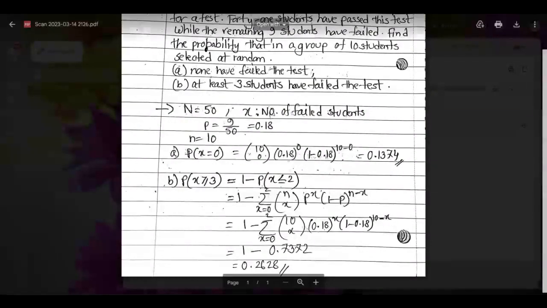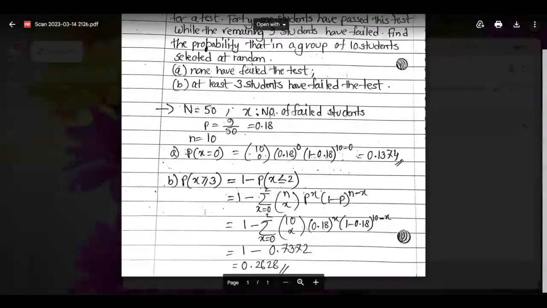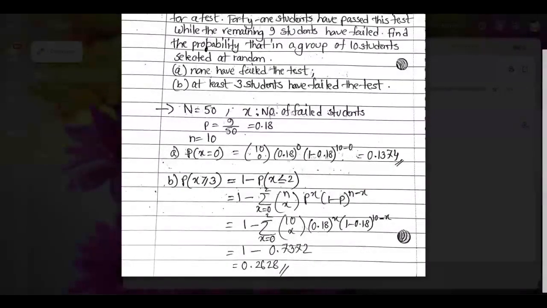Question A asks for the probability that none have failed the test, so x equals 0. Here's the formula: 10 choose 0, times p, which is 0.18, to the power 0, multiplied by 1 minus 0.18, which is 1 minus p from the formula, to the power 10 minus 0. The answer is 0.1374.